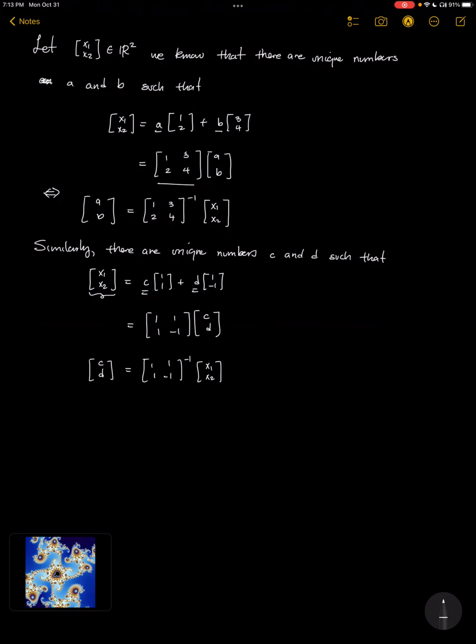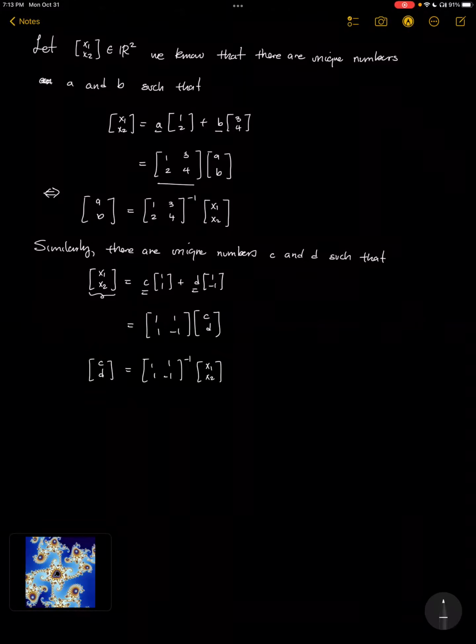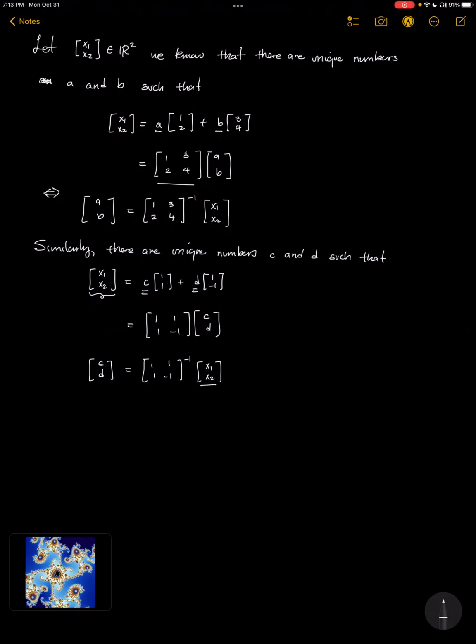This is saying that I can obtain the coordinates (C, D) by knowing the vector and computing an inverse. The same thing that I obtained for the vector (x1, x2), along with the inverse of the matrix [1 3; 2 4].